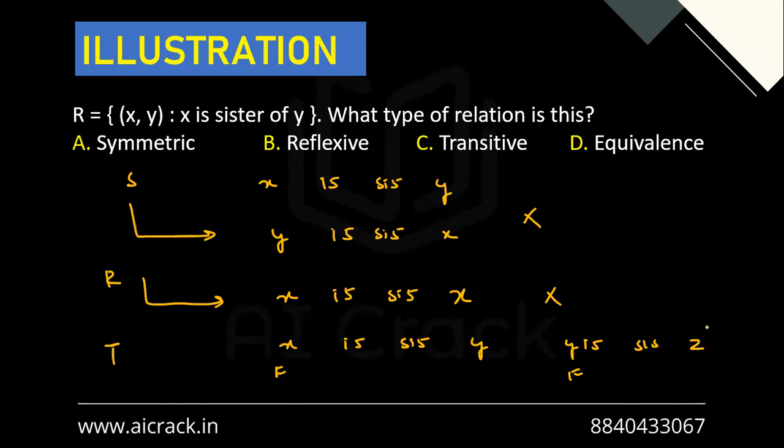So z can be anyone, a boy or a girl, male or female. But x is female, so x is sister of z is true, because x is sister of y, who is sister of z. In that case, we can say that x is sister of z as well, right? So it is transitive.